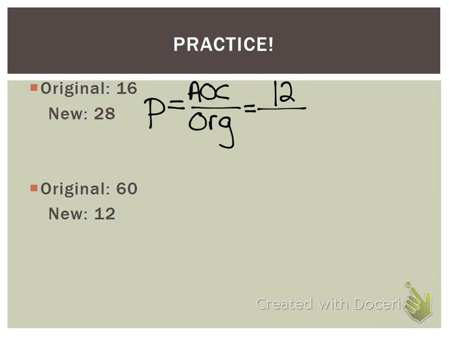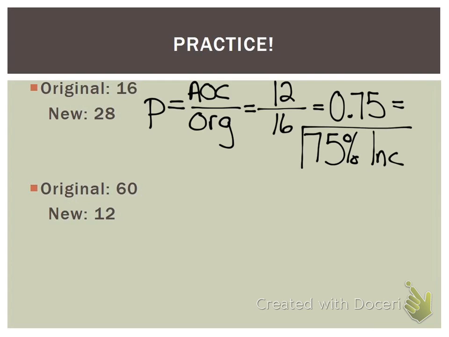You have to actually subtract the numbers. 12 over what? 16, which equals 0.75, and I can change that to 75%. Now, is it an increase or a decrease? Increase, because from original to new, my values went up. It's a 75% increase.